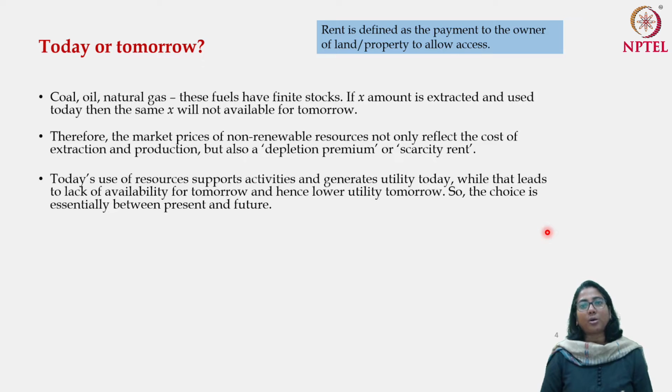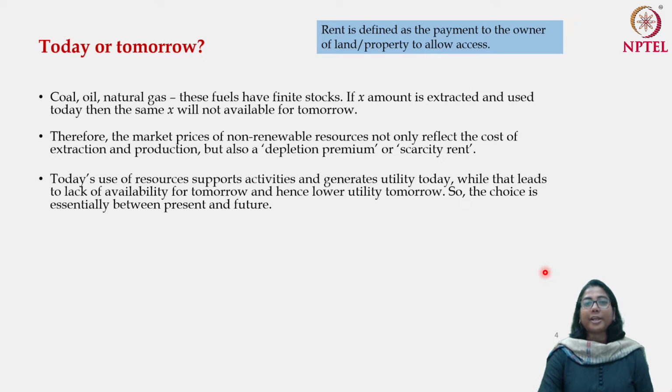The consumer or the economy is trying to decide how much resource is to be extracted today and how much tomorrow. If I extract today, my today's utility is going to go up. If I extract it tomorrow, my tomorrow's utility is going to go up, but at the cost of the other.